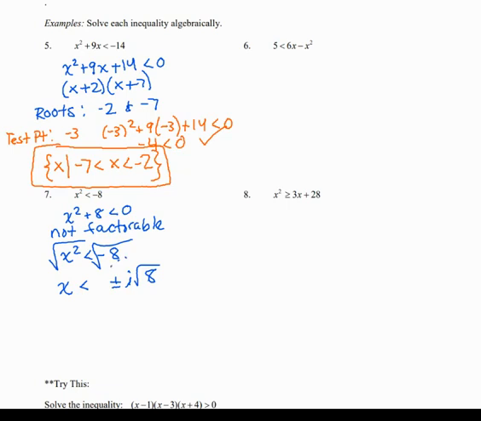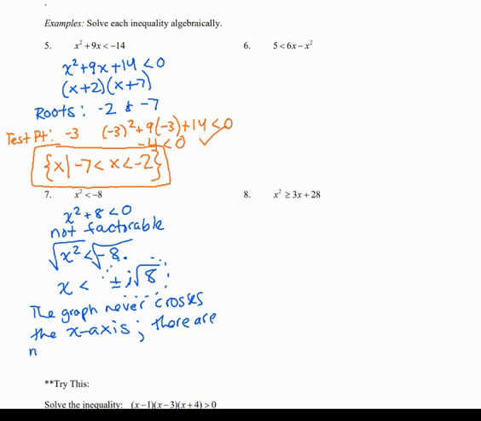Tell me about this situation. This is saying the graph never crosses the x-axis, right? AKA, there are no real zeros. There's only imaginary ones.